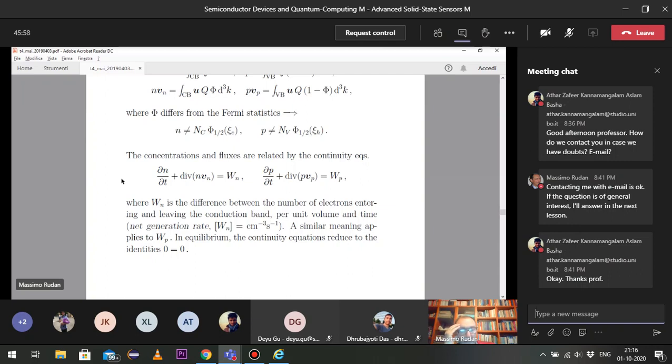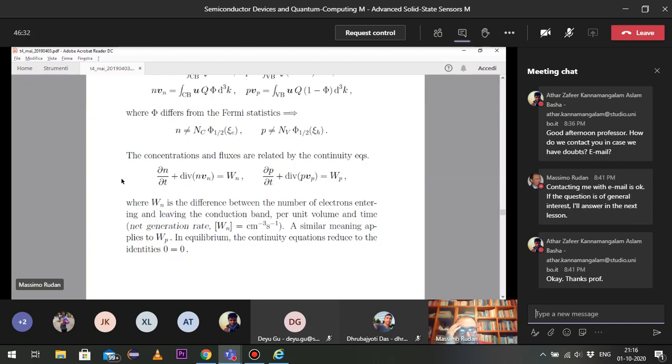So the integration of dn over dt over the volume provides the variation in time of the total number of electrons in the volume. The integral of the divergence over the same volume, as you remember from calculus, is the total flux of the particles across the boundary of the volume, okay?